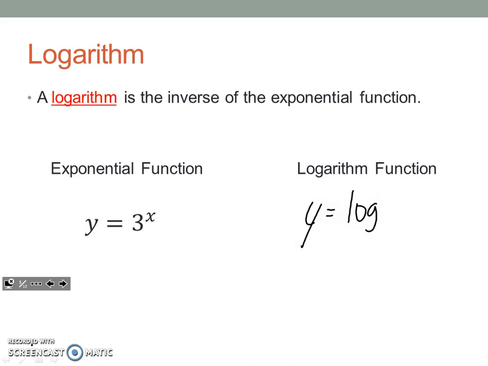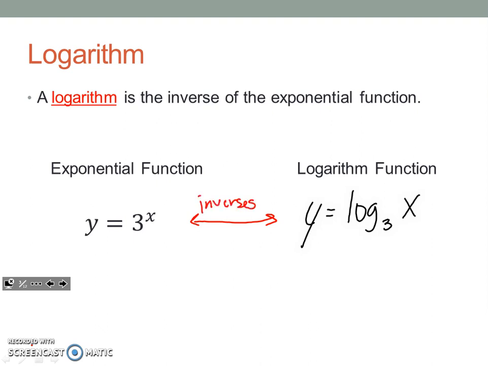Okay? So that log stands for logarithm. And this is said log base 3. So that 3, if you guys notice, is a subscript, it's down below. So we're going to have log base 3 of x. Okay? So these two functions here are inverses of each other.